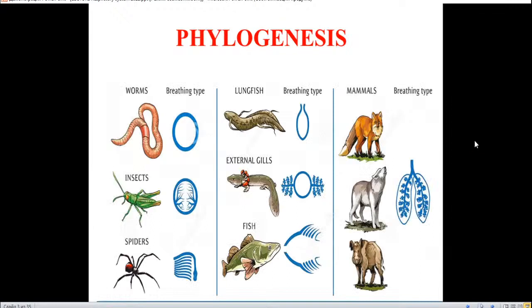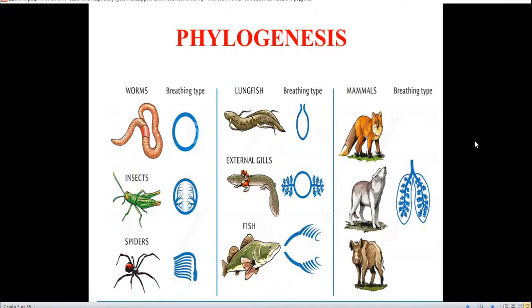So here you can see the phylogenesis of the respiratory system in different animals, insects, worms, fish. There are five types of breathing.